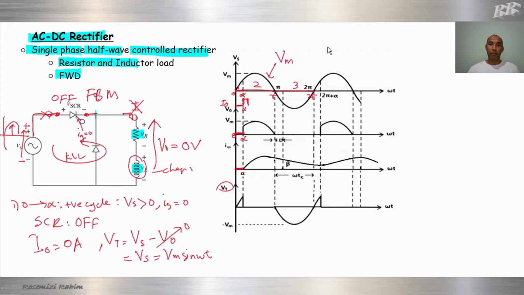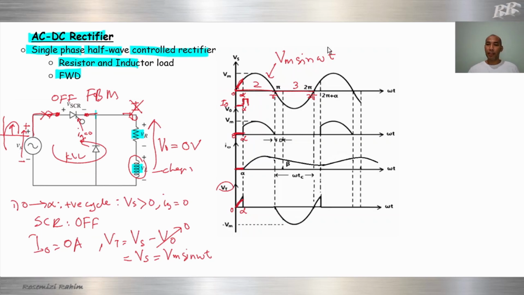That means during 0 to alpha, the thyristor voltage is equal to the input. So in this case, like this. Just follow the waveform of the input during 0 to alpha.